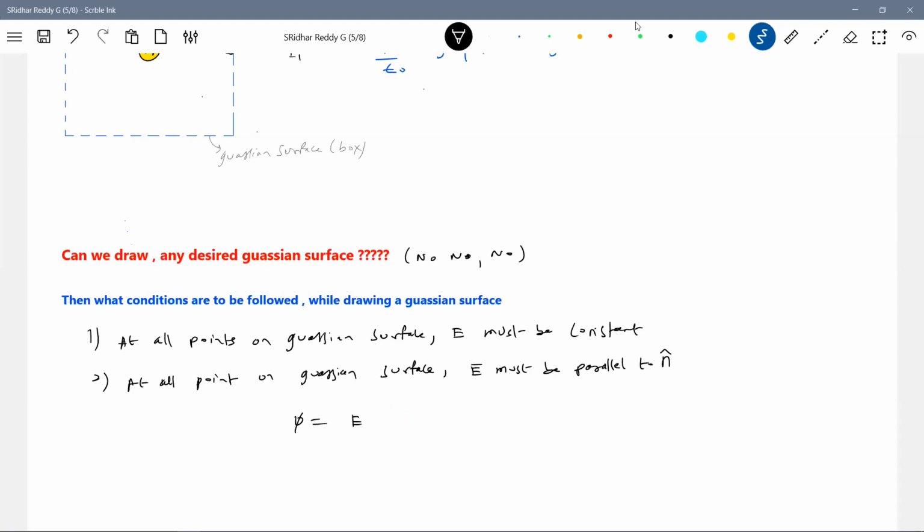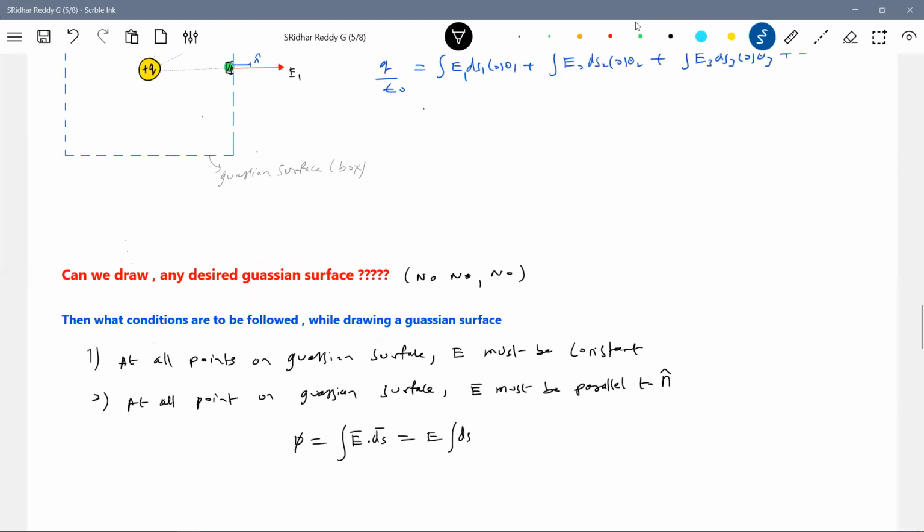This will become E bar ds. Now anybody can integrate this. Otherwise, what happens? E bar dot ds bar cannot be integrated, it is not integrable. Then we will not end up with the answer. So tell me now, what is the highest priority when it comes to Gauss law? Assuming a suitable Gaussian surface. A best example is a point charge.